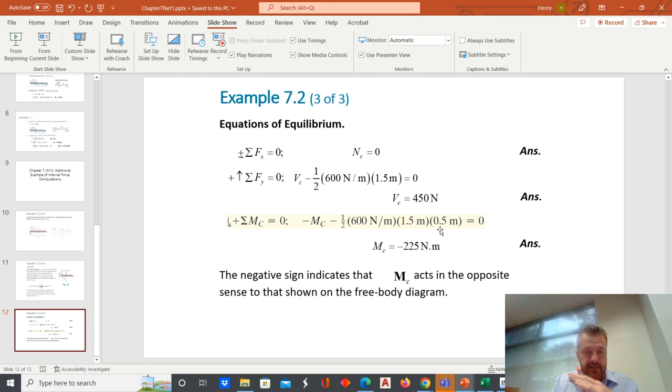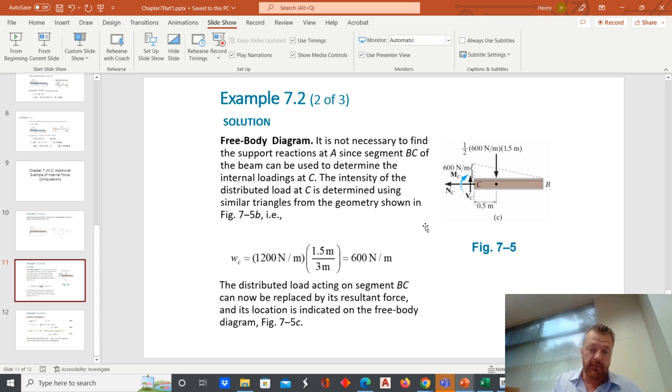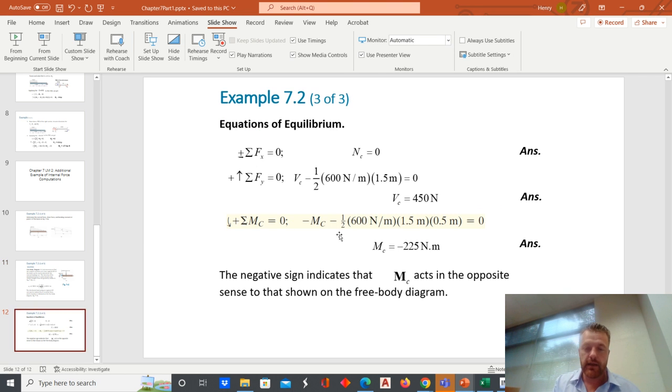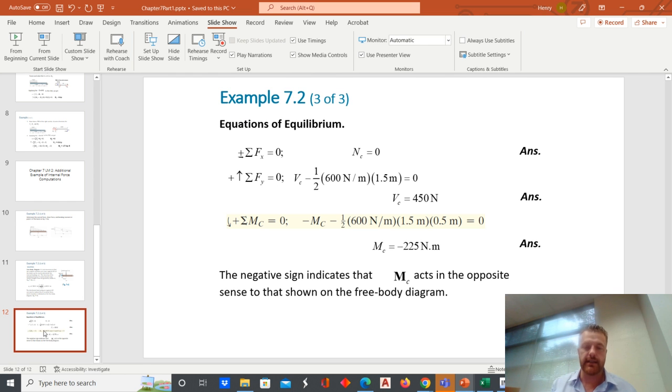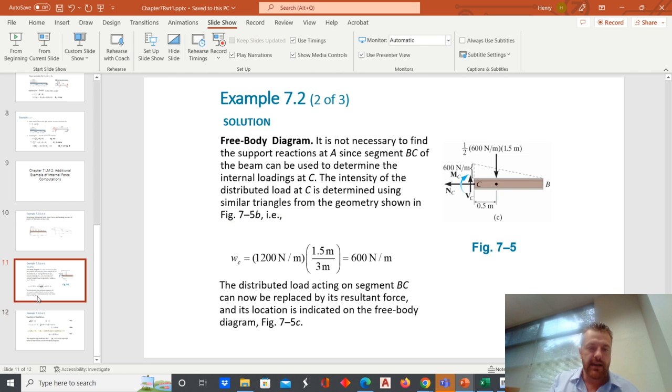This is the perpendicular distance of it from the point of segmentation. Notice that by sign convention, the bending moment Mc is also shown in the clockwise direction, so it gets a negative as well. And when you solve for that, what you find is that Mc has a magnitude of 225 newton meters. And all that this sign turning out to be negative shows you is that the assumed convention is not correct. It's actually tending to have an internal stress that's in the opposite direction. So hopefully that makes sense to you.